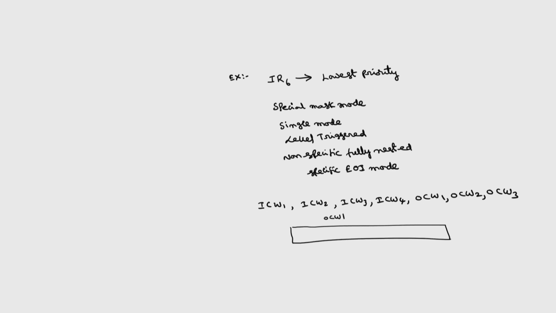OCW1, suppose I want to mask IR4. So this is D0 to D7, that is M0, M1, M2, M3, M4, M5, M6 and M7.